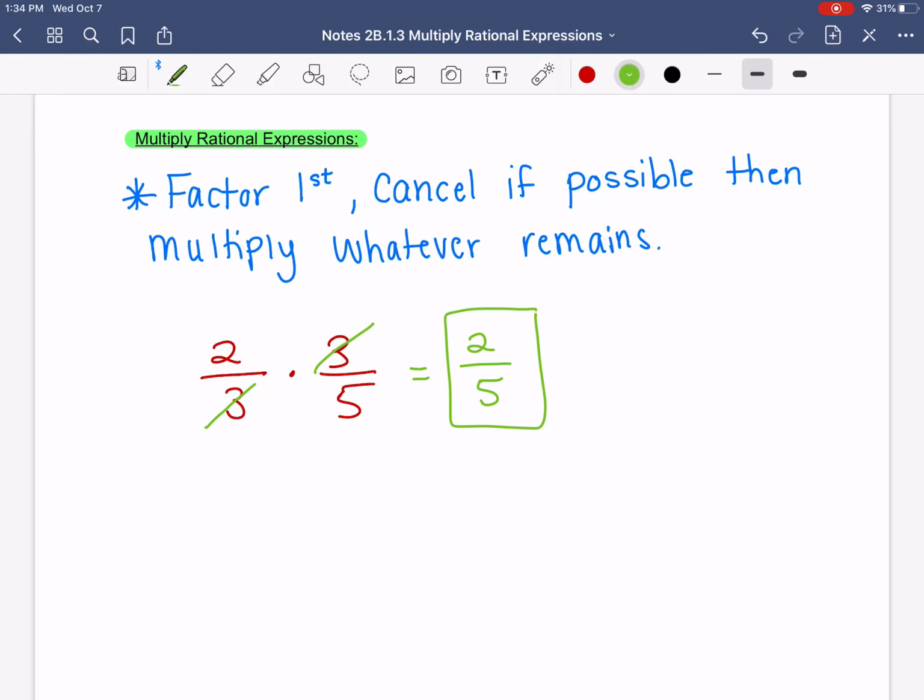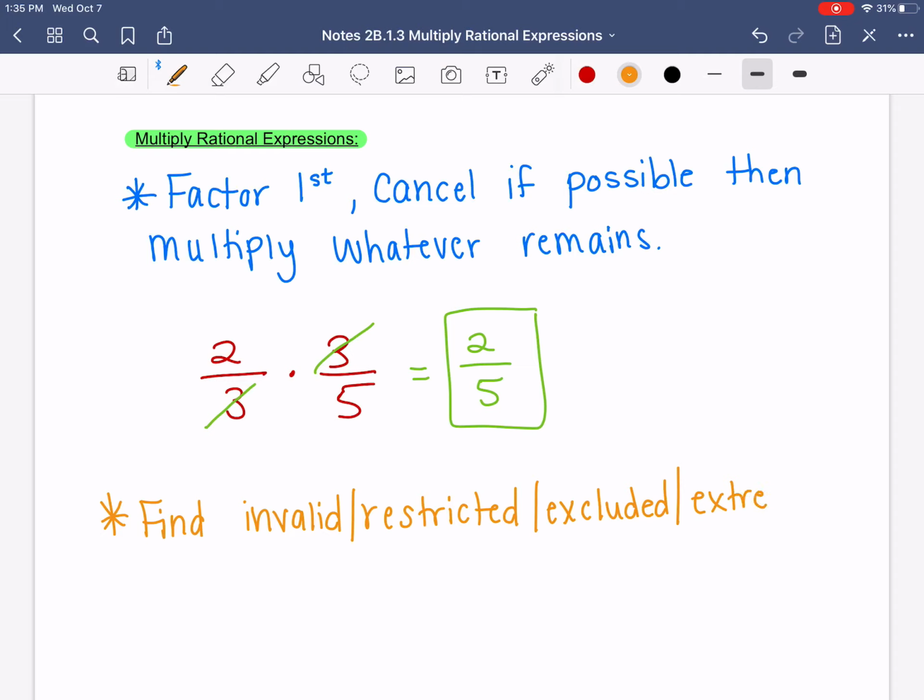The other thing we need to write down is just a reminder about your invalid values. They might call them extraneous or restricted, but you find invalid, restricted, excluded, extraneous values by setting the denominator equal to 0.